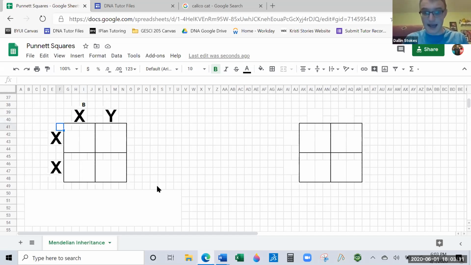Female was calico, and we told you in the question that she was heterozygous because calico is heterozygous, so we get spots. Now we do the cross.